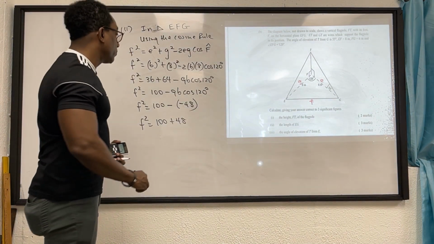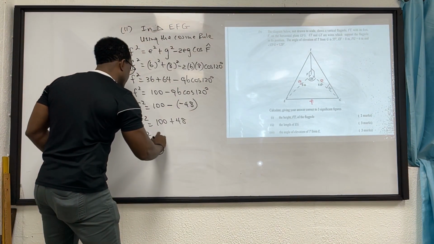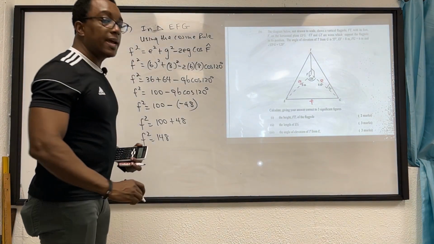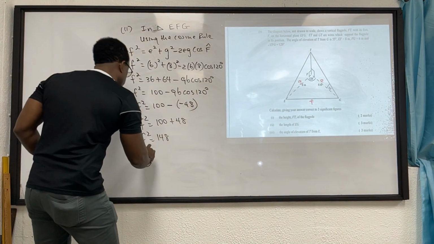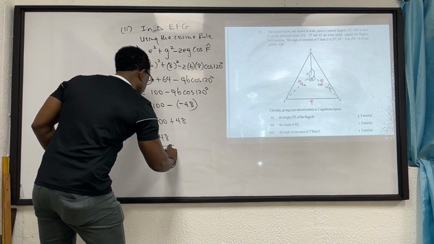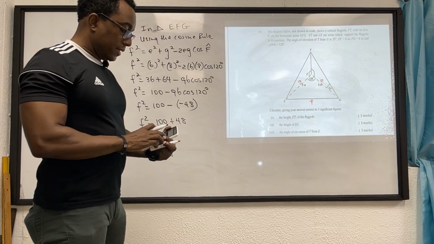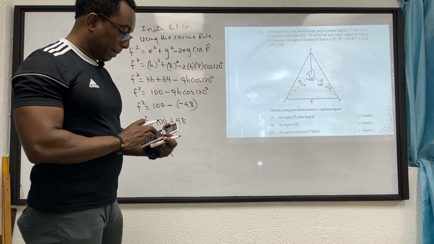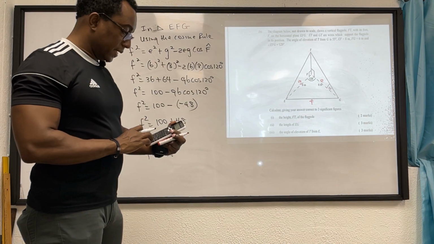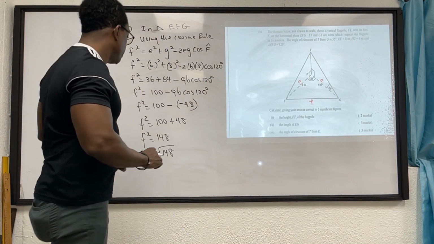F squared is equal to 148, and therefore F is equal to the square root of 148, which will give us 12.165.